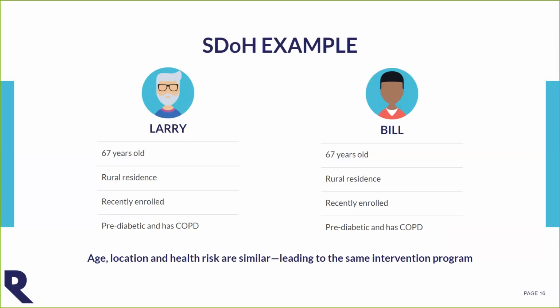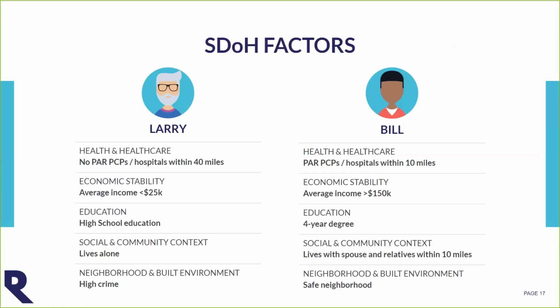However, once we begin to layer in more of these social factors, it begins to paint a different picture about both of these individuals. So, for example, let's look at Larry. Here we see that Larry does not necessarily have any participating primary care physicians within 40 miles of where he lives. We also see that Larry's income is below $25,000, so certainly in that lower income side of the spectrum.